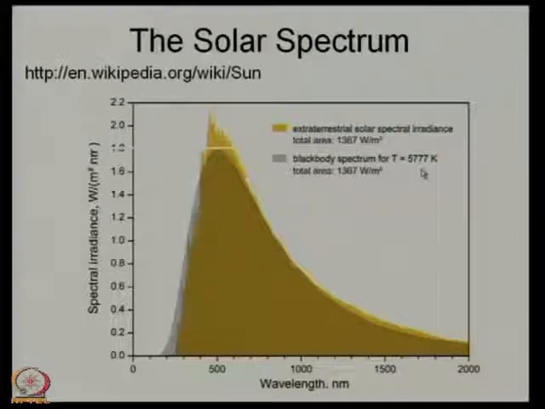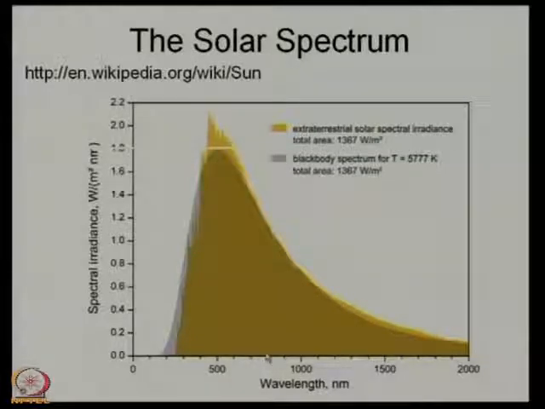The part of the electromagnetic spectrum that is shown here essentially corresponds to optical. Somewhere here is the optical part, the visible range, and here you have the ultraviolet part, and it extends into the infrared.